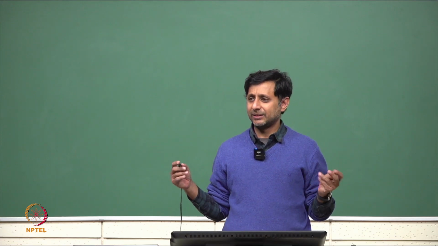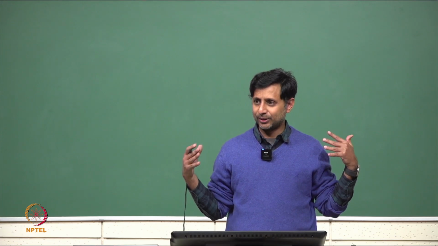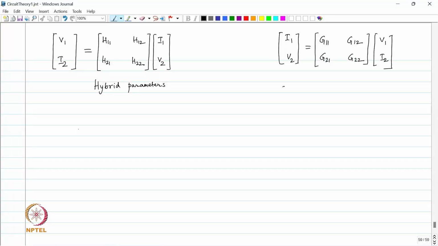For example, it is easy to figure out what this one is going to be. V1 V2 is equal to, what will you call this? Z, because the dimensions of all the 4 parameters are impedance.